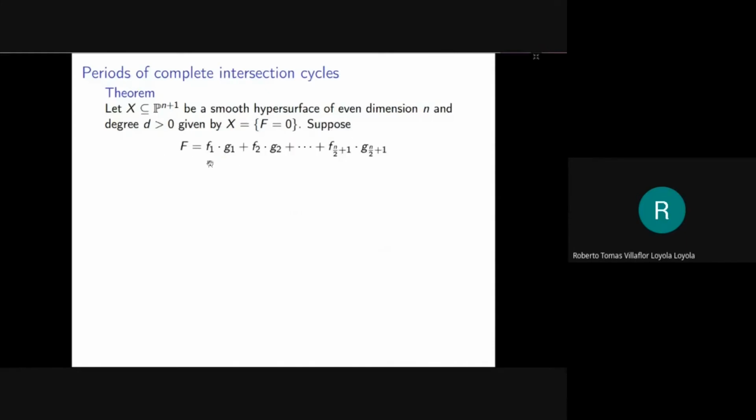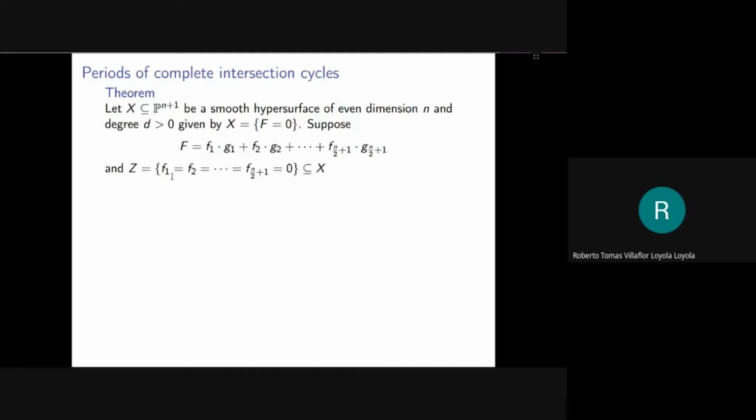Moreover, assume that the equation of X can be written in this special format. It can be written as a sum of products f_i times g_i, where each of these polynomials is homogeneous, and so we can define Z to be the zero locus of all the f_i's appearing in this factorization.